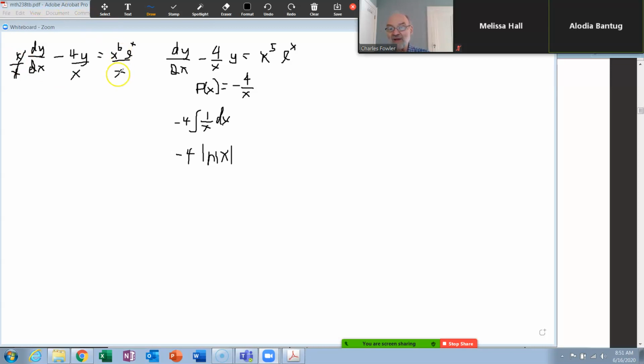Well, nothing we've done here says that. So since we haven't excluded negative numbers, we have to put the absolute value bars there. So remember, on this integration, even though it's an indefinite integral, never put a plus c. You don't need one there.